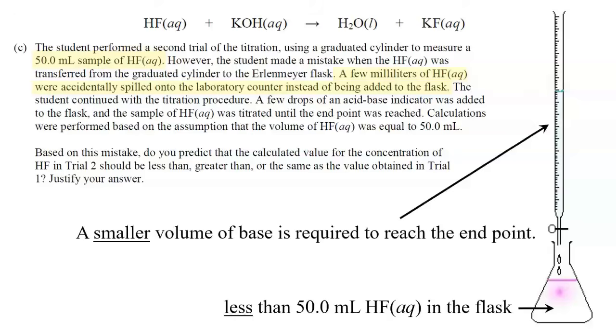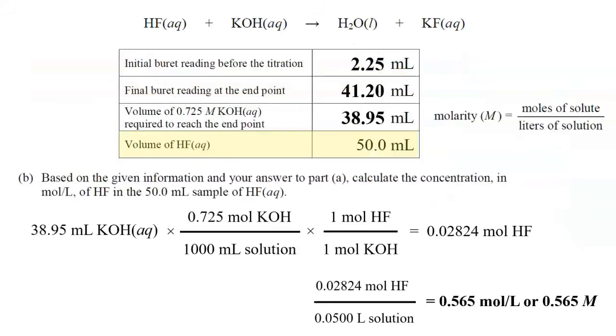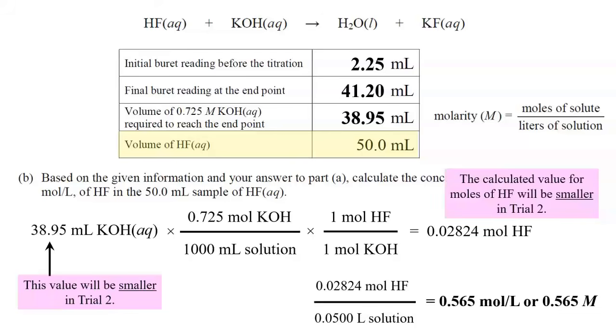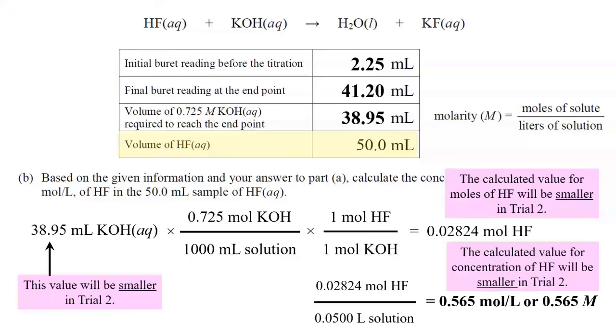So the volume of base required to reach the endpoint will be less than in trial 1. Here are the calculations from part B. The volume of KOH will be smaller in trial 2, and that will lead to a calculated value of HF that will be smaller, and a concentration of HF that will be smaller.